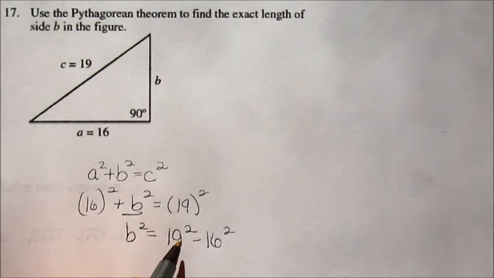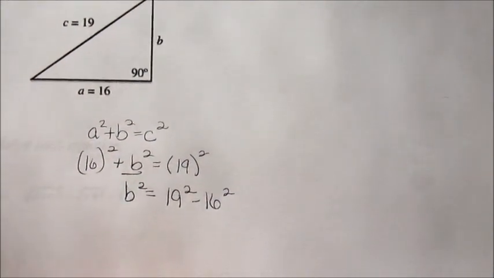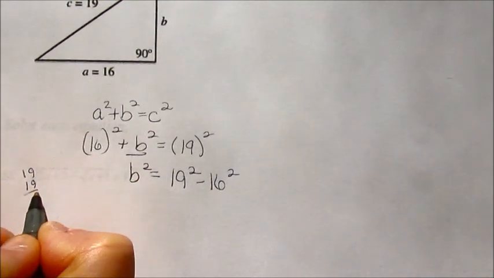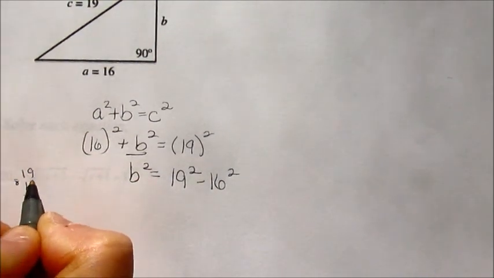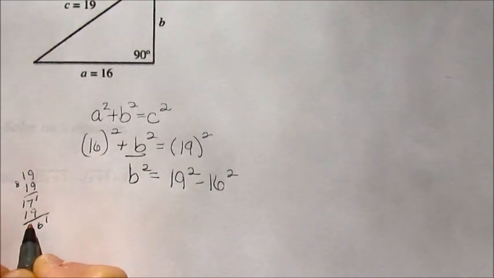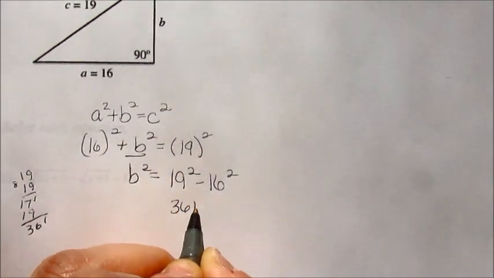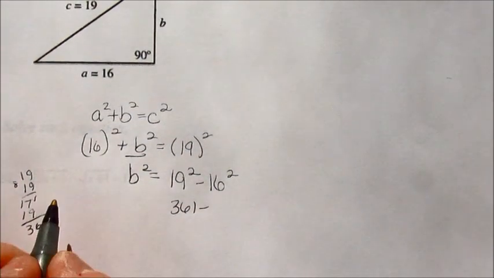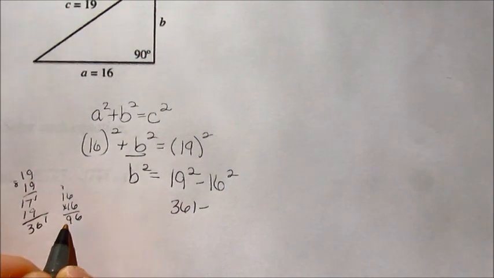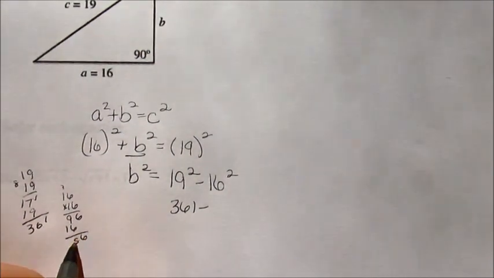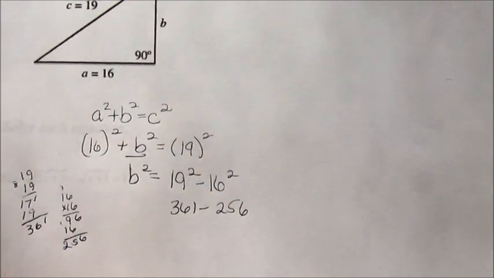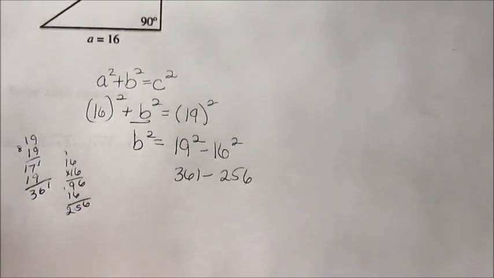And when you do that, you take the square of 19, which is 361. And the square of 16, which is 256. Take the difference of those two.